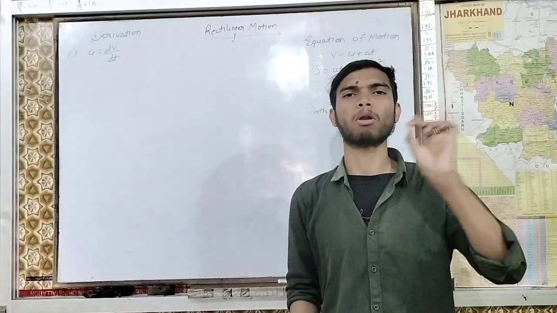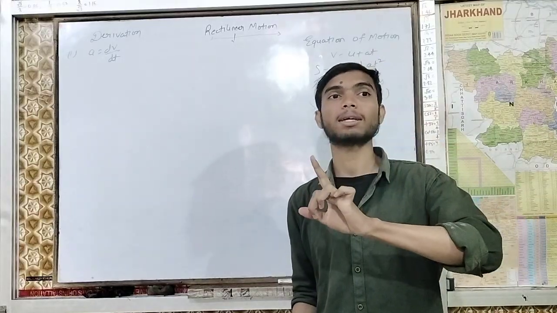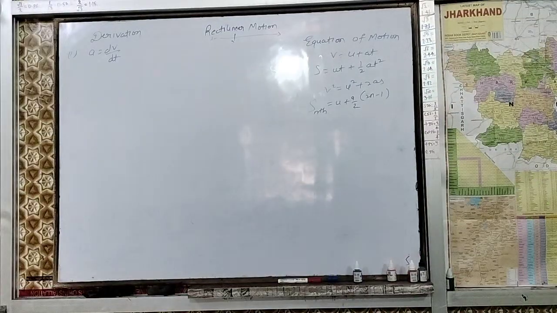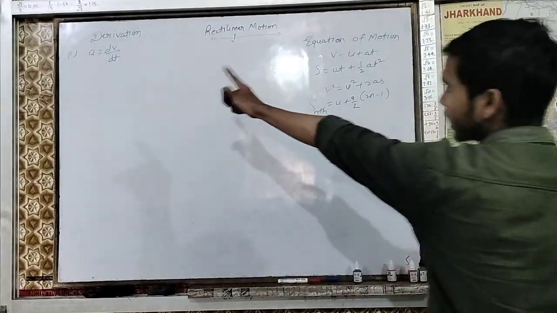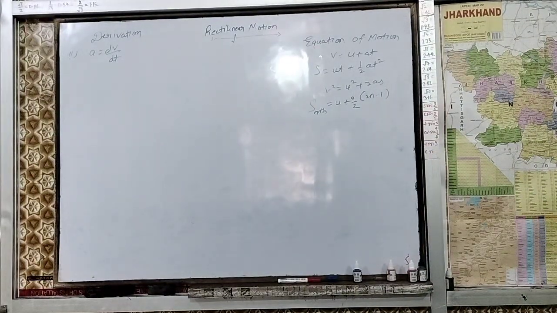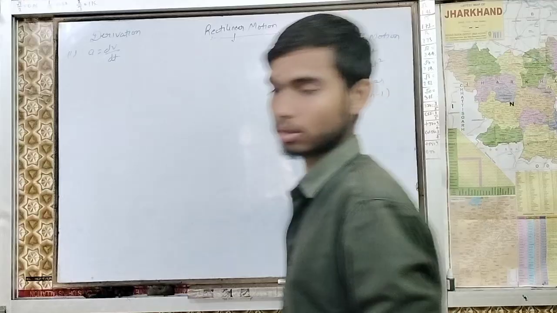One is simple, and the second is by using calculus. Through calculus we can derive it, and it can also be derived very simply without calculus.